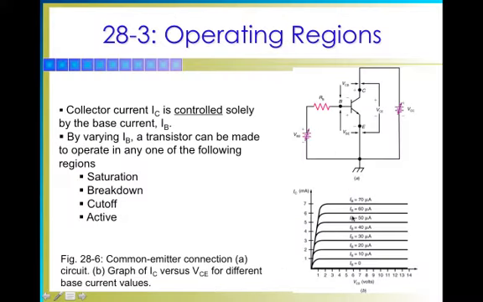So as we increase the current in the base itself, let's look at that. When the current of the base is 0, we get 0 current, excuse me, 0 current on the collector.